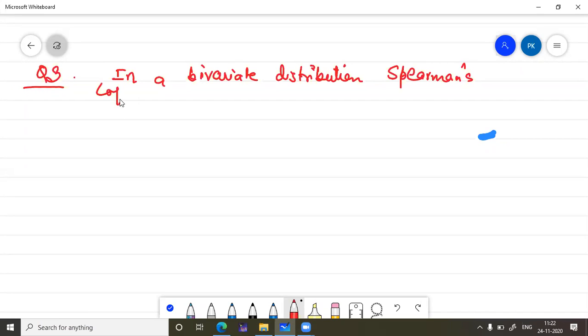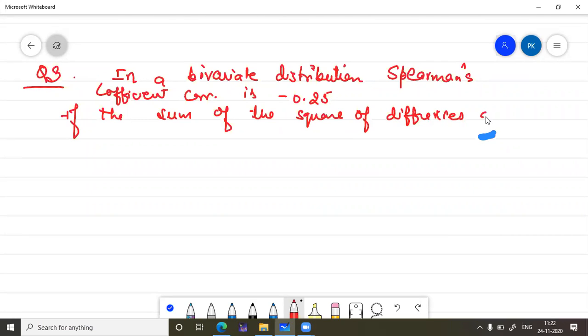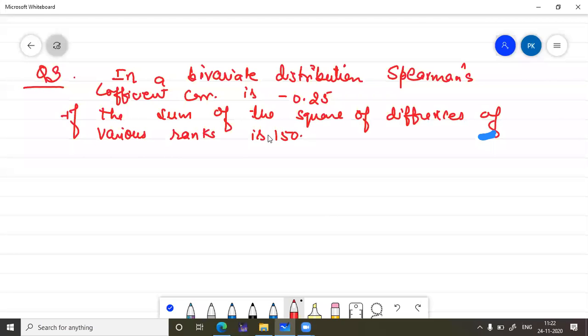Spearman's coefficient correlation is minus 0.25 if the sum of the square of differences of various ranks is 150.